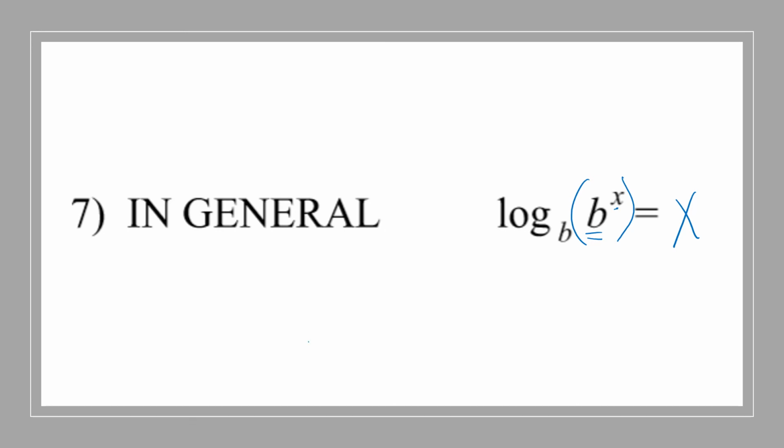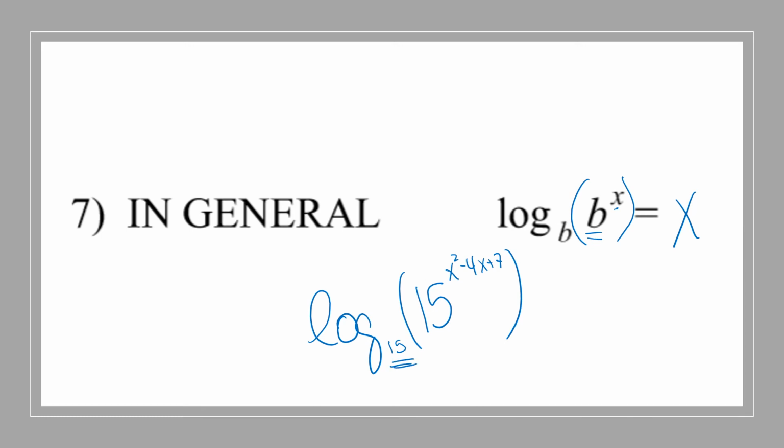So again, let's say log base 15 of 15 to the x squared minus 4x plus 7. Oh boy, that looks wild. But guess what happens? The base is the same as the base of something being raised to a power, so it's just equal to the exponent, x squared minus 4x plus 7.